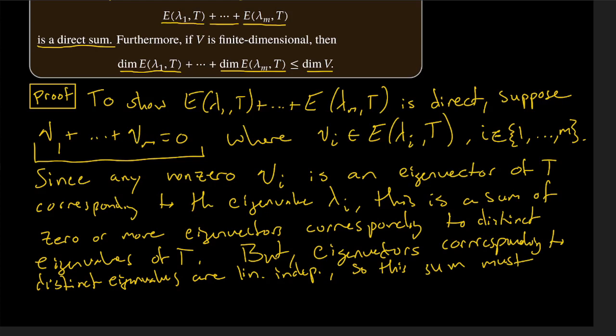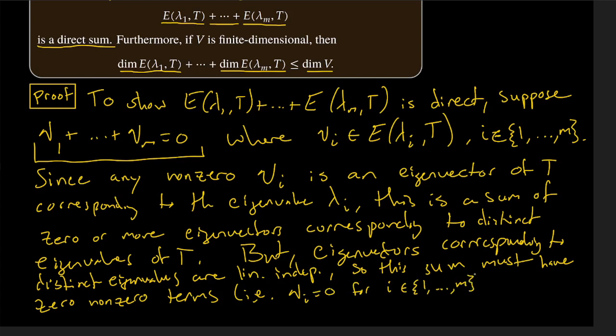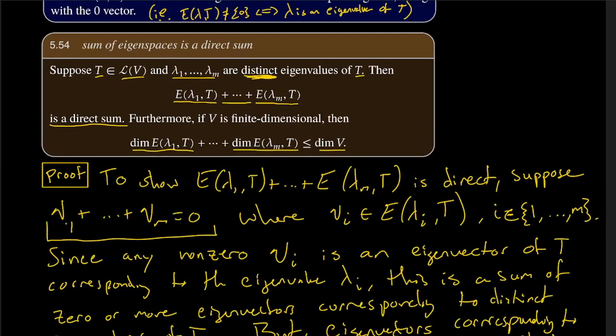But those are linearly independent, so they never sum up to 0. So this sum must have 0 non-zero terms, i.e. vi equals 0 for i in 1 through m. Hence, the sum is direct. Why? Because the only way to write the 0 vector is as a sum of zeros. Okay, cool.